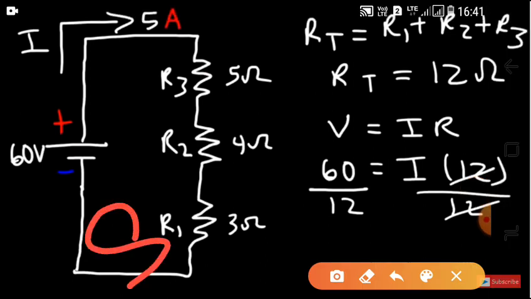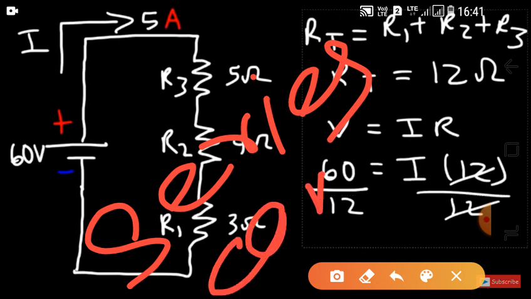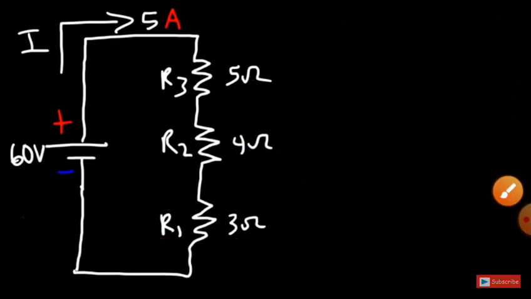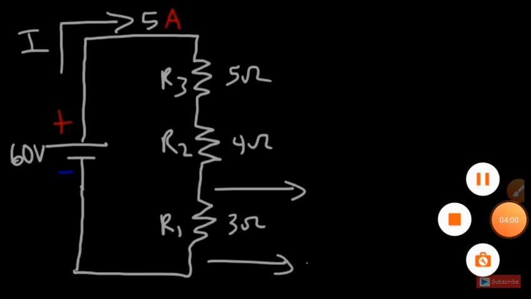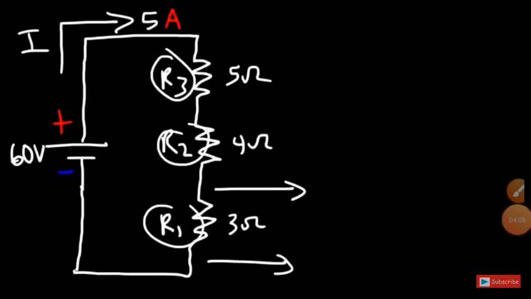Now once we have the current, we can calculate the voltage drop across each resistor. What is the voltage drop across the first resistor? Now in this series circuit, the current that flows in the circuit is the same as the current flowing through R3, R2, and R1.